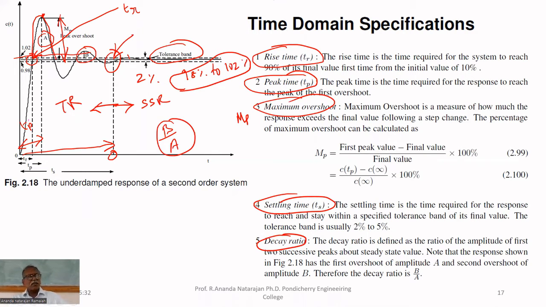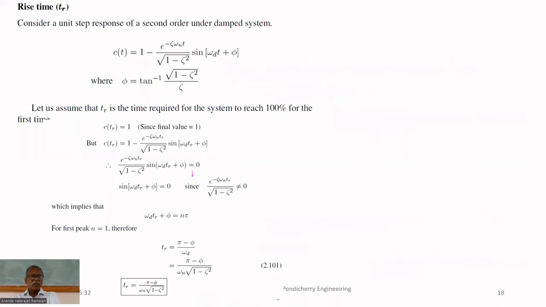It tells the speed at which the response decreases. We express it in terms of decay ratio, B by A. That's all. These are all the time domain specifications. We'll derive the expression for each. First, let us derive the time domain specification of rise time, TR.